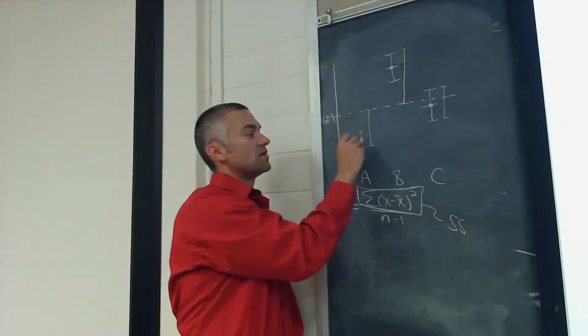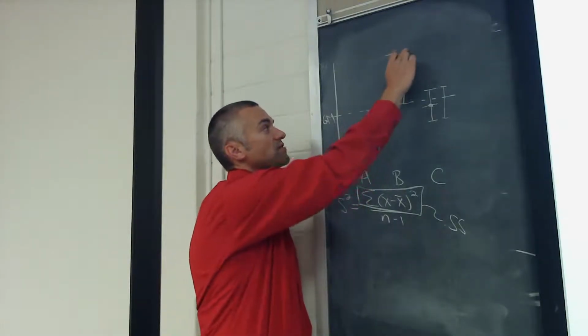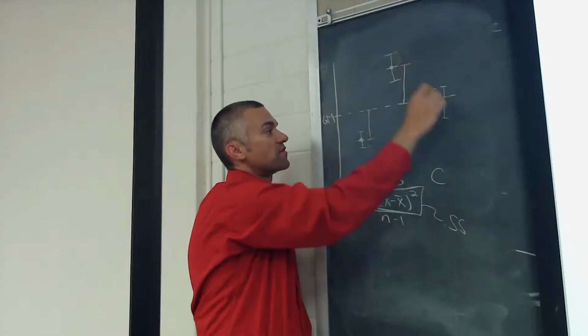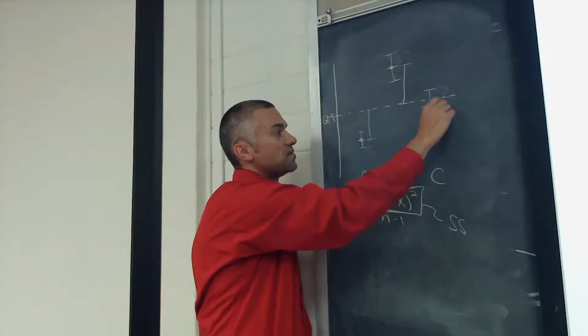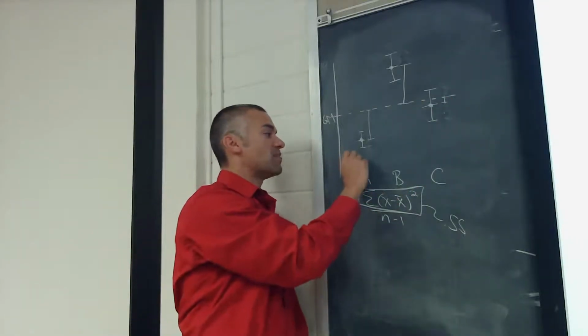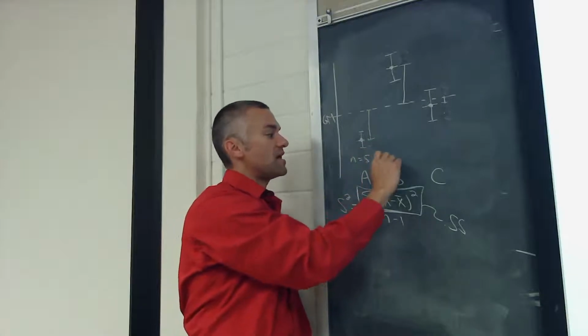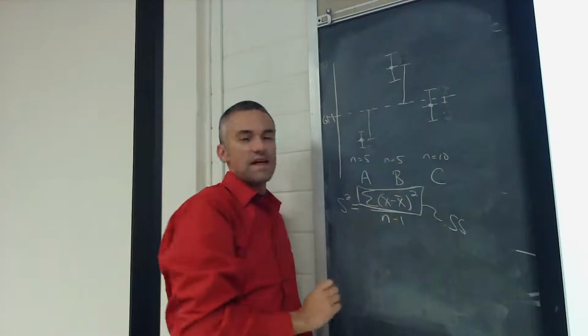Our signal can be thought of as how much variation you have from our individual means to the grand mean. Because what it's going to do is figure out how many data points we have. Let's say we have n equals 5 for each, except for the C. We'll say that's 10.